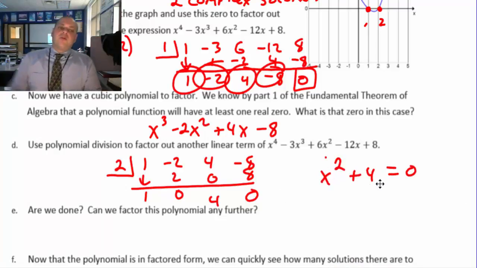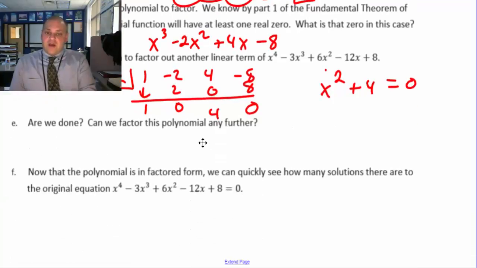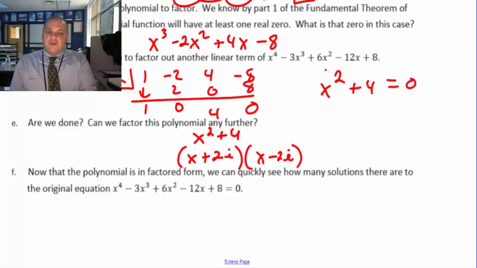So I have x squared plus 4 equals 0, because there is 0x. It says, are we done? Can we factor this out? Yes, x squared plus 4 can be factored. x plus 2i, x minus 2i. See how we're breaking it down?